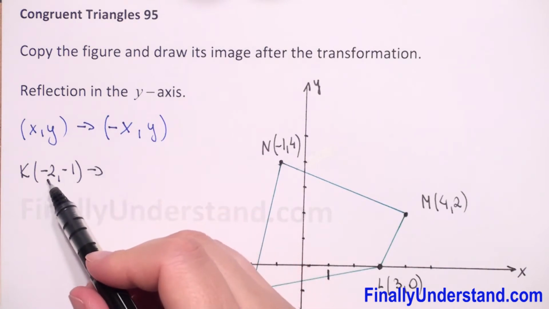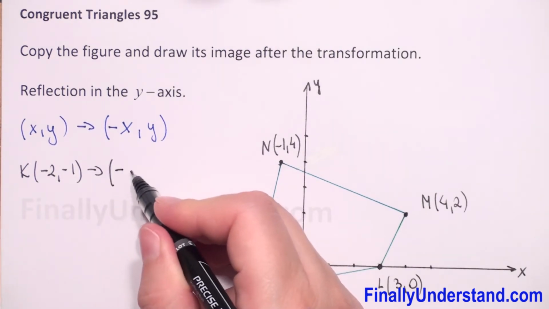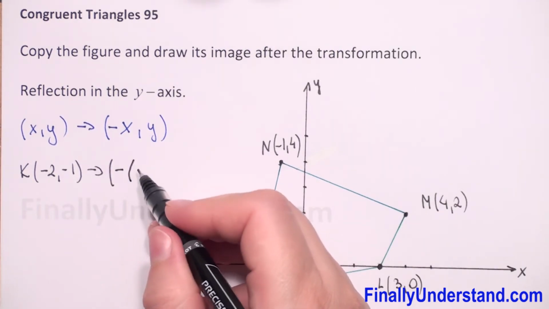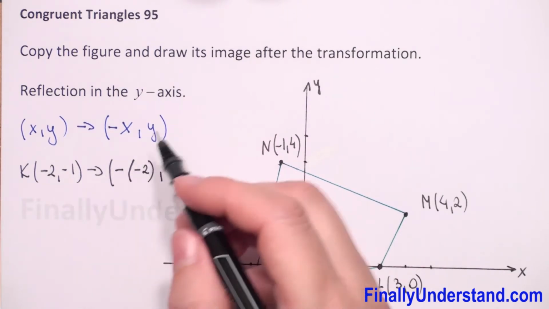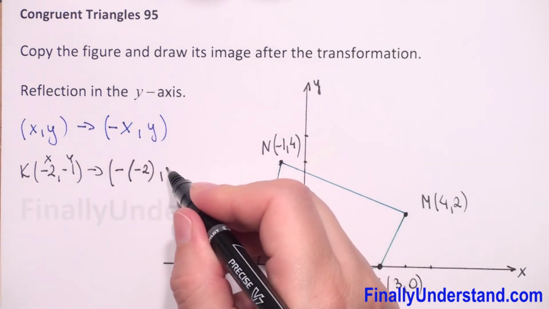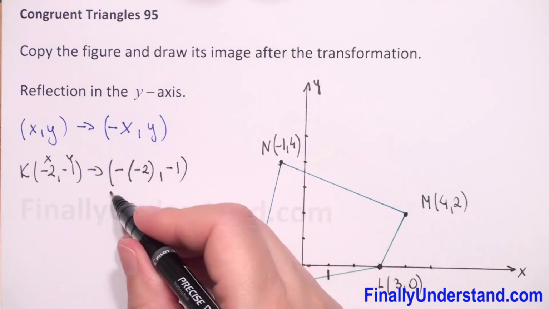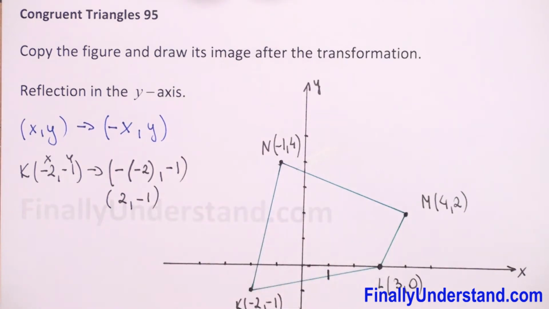It means we multiply negative 2 by negative 1. We had a negative sign before x, so we copy the negative, and in parentheses we put negative 2, and the y-coordinate stays the same, so we have negative 1. Negative and negative give positive. So now we have point (2, negative 1).